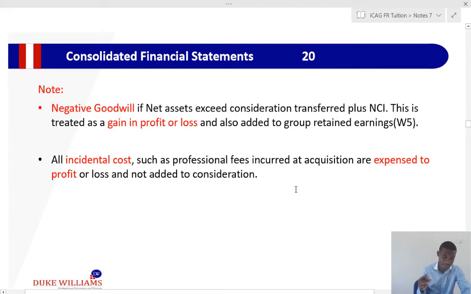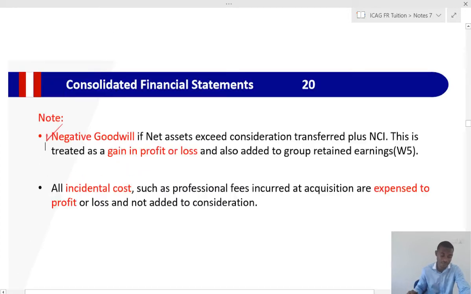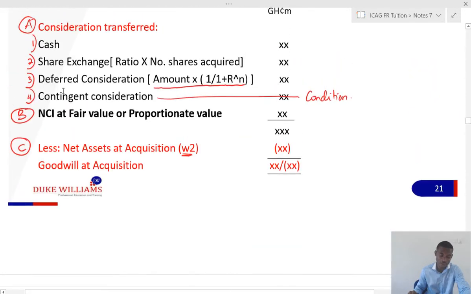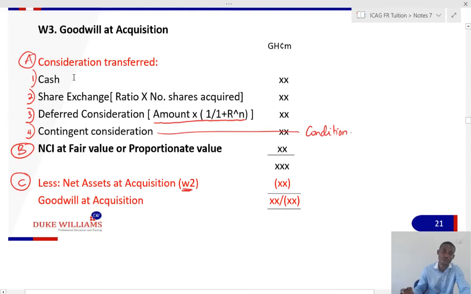So like I've said, negative goodwill: if the assets exceed the consideration plus NCI, what the standard often requires is that the parent should relook at the consideration. Maybe the consideration fair value was incorrect, so they should first recalculate the consideration. They should recalculate the NCI.